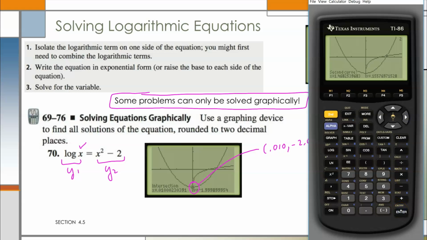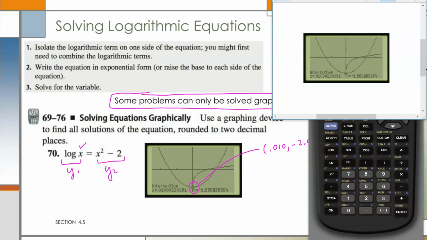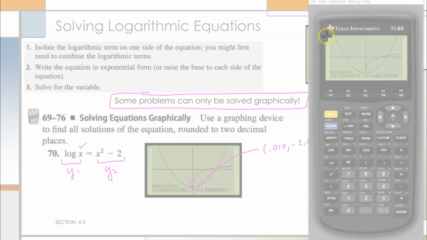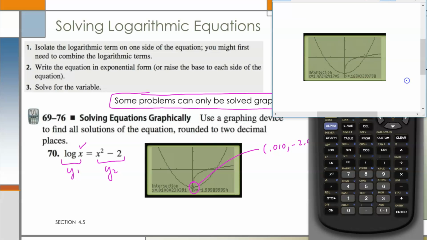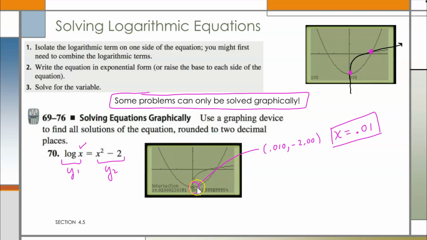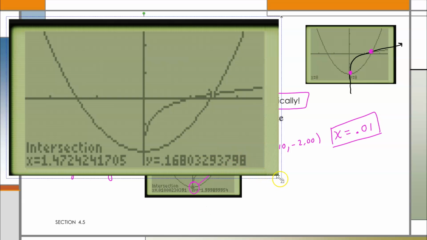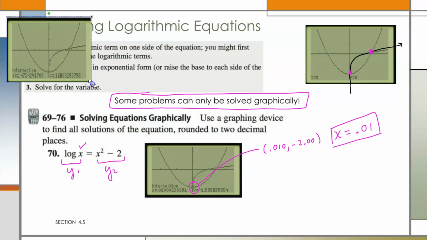You hit enter 3 times. Once you hit enter 3 times, if there is an intersection, you'll see the word appear on your screen. There it is, intersection, and then the point at which the intersection occurs. Okay, I'll grab this one real quick.